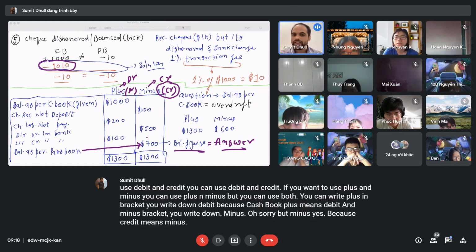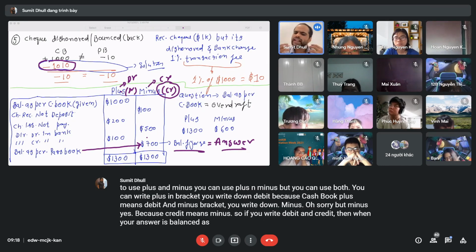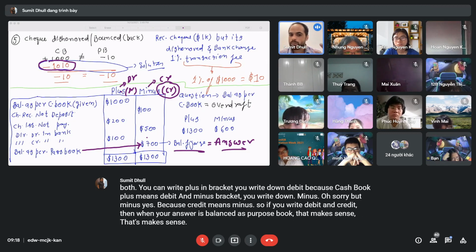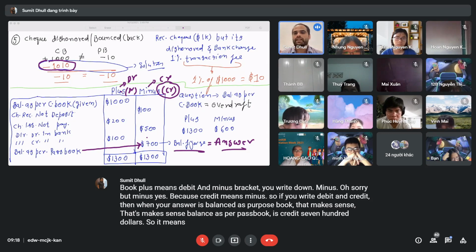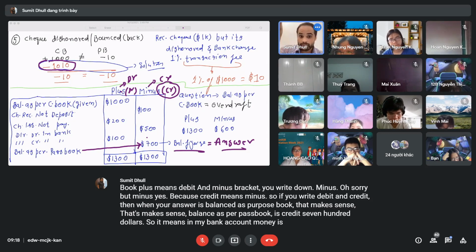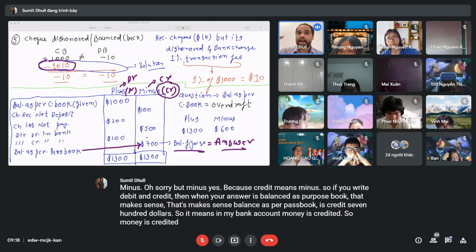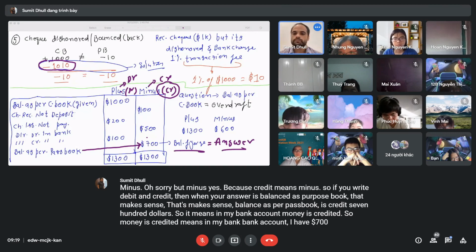So if you write debit and credit, then when your answer is balance as per passbook, that makes sense. Balance as per passbook is credit $700. So it means in my bank account, money is credited, meaning I have $700 available. All right, so that makes much more sense.